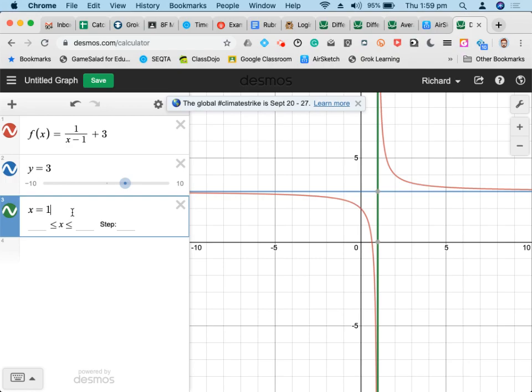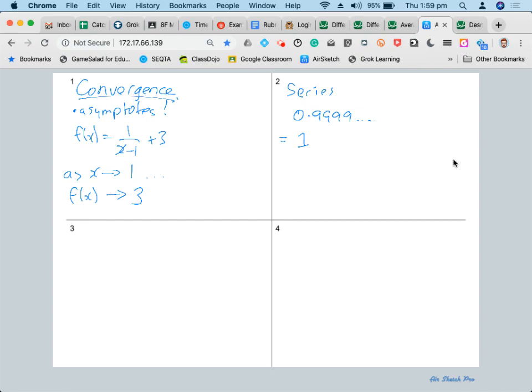Sorry, I'm back onto Air Sketch. I didn't switch back over. On one level it doesn't quite make sense, but in terms of thinking about 0.9 recurring, it's not equal to 1, and yet there's no number between 1 and 0.9 recurring, and therefore they are effectively the same. Not even effectively, they are the same value.